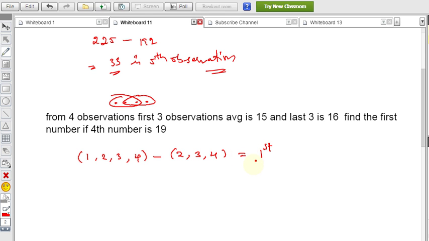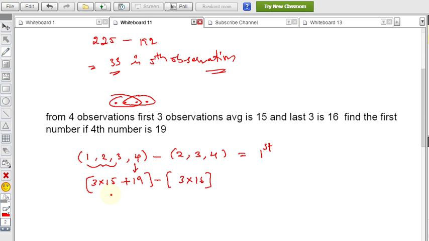Now the 1, 2, 3 average is 15, that is 3 numbers into 15, plus the fourth observation 19. From this we subtract the last 3 observations, average 16, so 3 into 16.